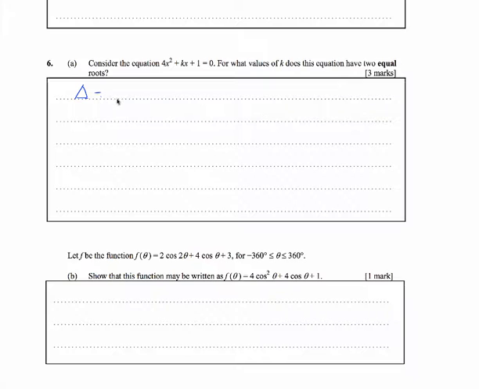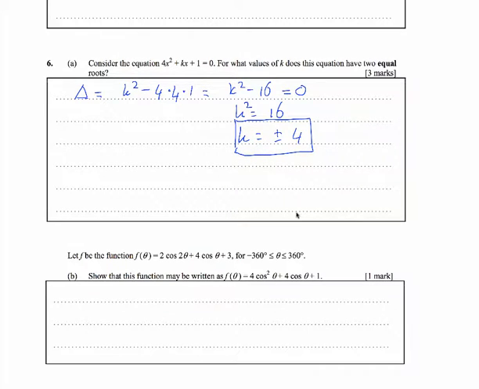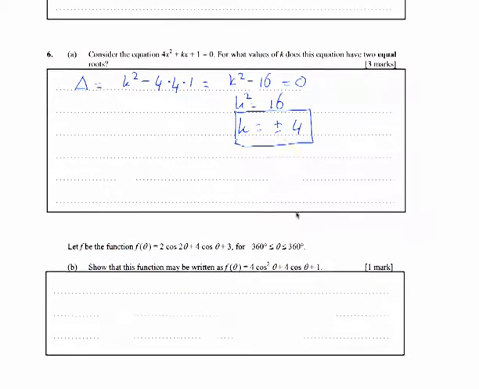So the discriminant is b squared minus 4ac, so k squared minus 4 times 4 times 1, which is k squared minus 16, and that has to equal 0. So k squared is 16, so k is plus or minus the square root of 16, which is 4. Oh, that was very quick for 3 marks. So good, two values.